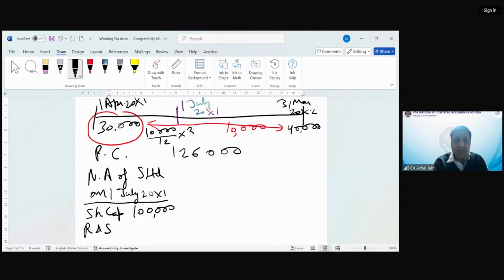For a 3 months period, what is going to be the amount of profits? You can do that, yes or no? Can you please quickly compute this amount and let me know? So 30,000 plus this proportionate amount, what do you get?